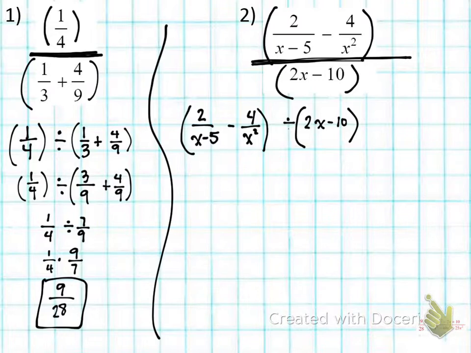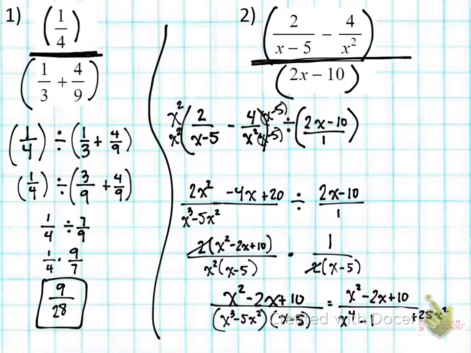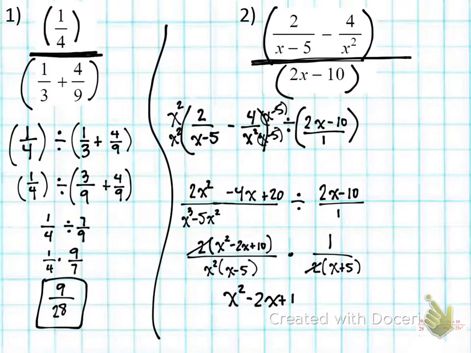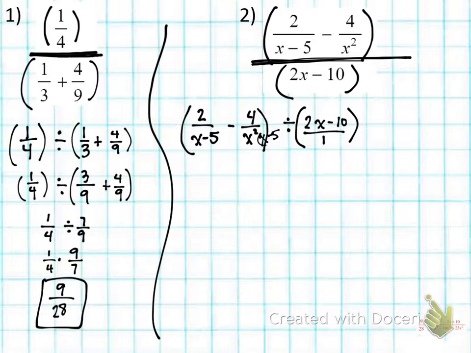So x minus 5 and x squared. There's an x minus 5 here. Is there an x minus 5 here? No, there's not. So we're going to multiply this right side by x minus 5. I'll put that over 1, and the numerator as well.